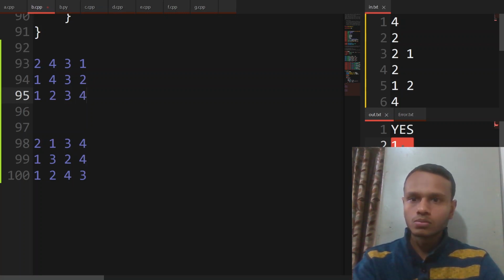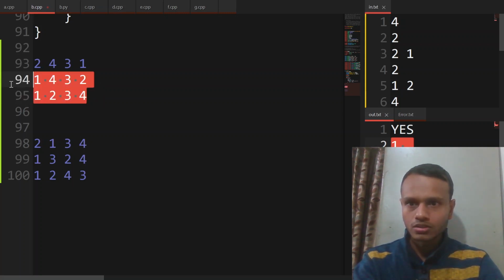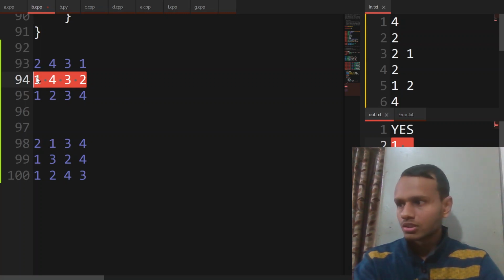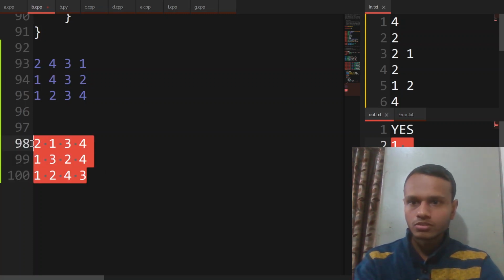So it took 2 operations. If I try to undo this operation, swapping the second and the last element, then I am getting this array, and the number of inversions in this one is more than 1, so it cannot match with any of these.